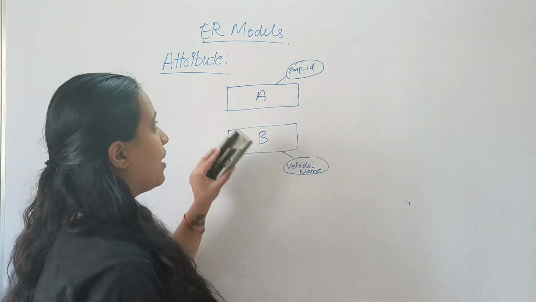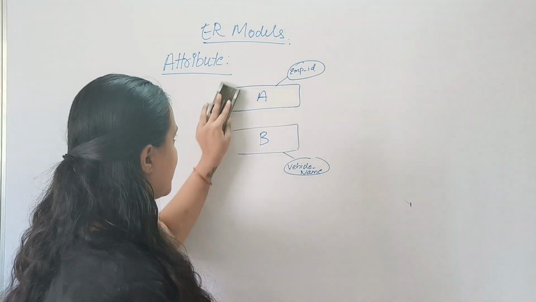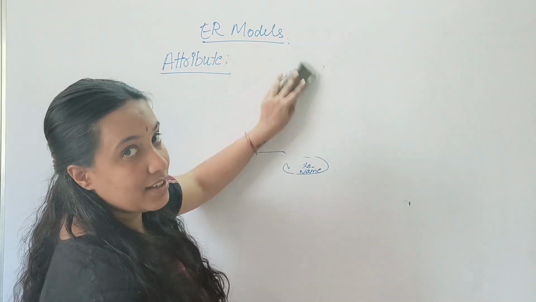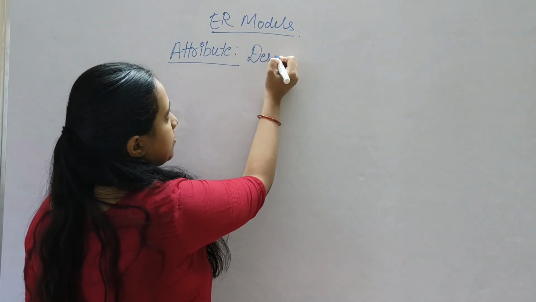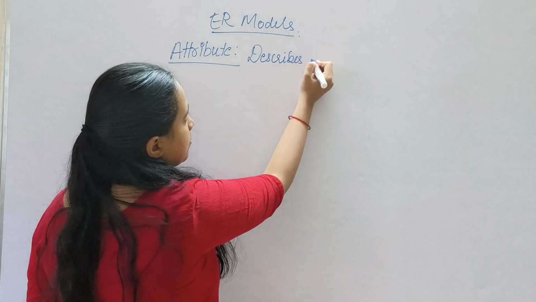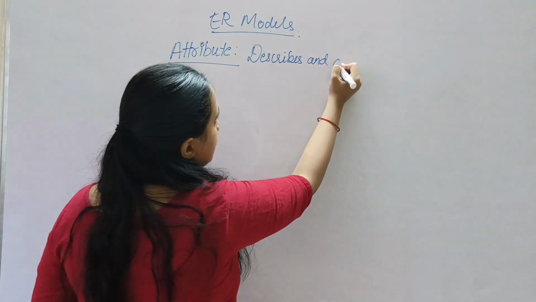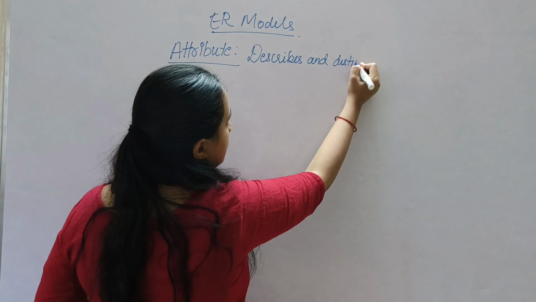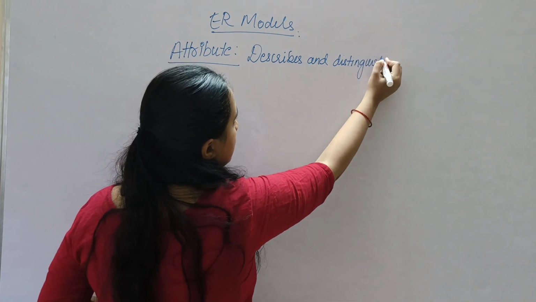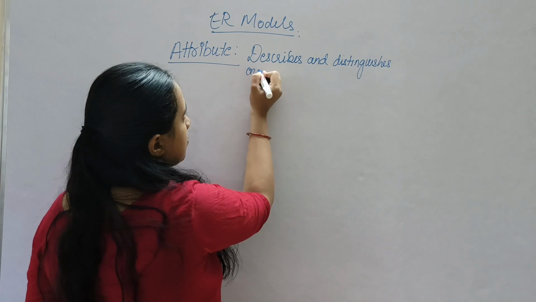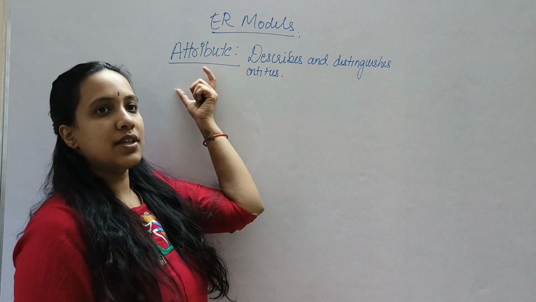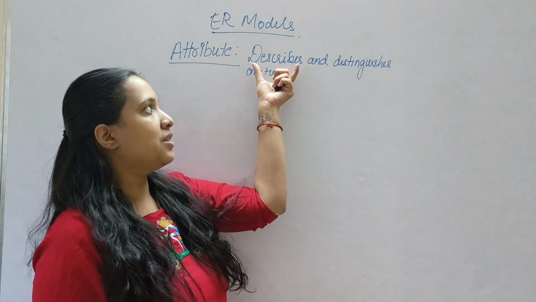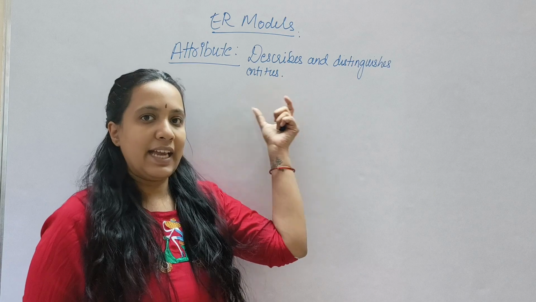Now, having known what the attribute is, let us understand the different types of attributes. Therefore, I can term attributes as the properties which help us to describe and distinguish the entities.